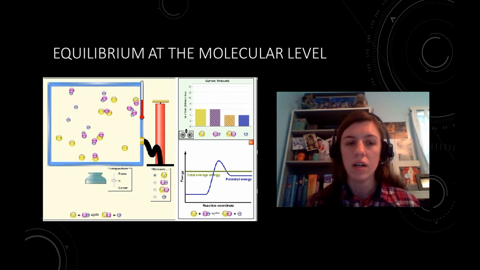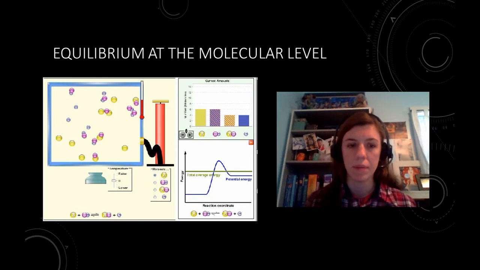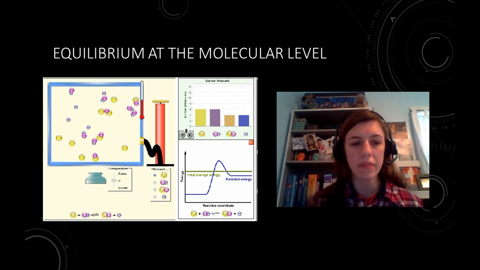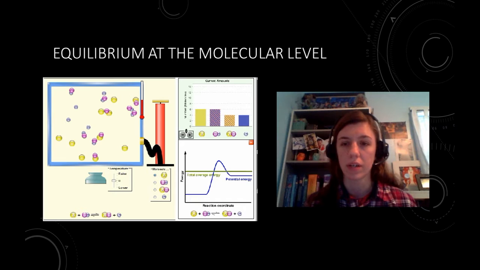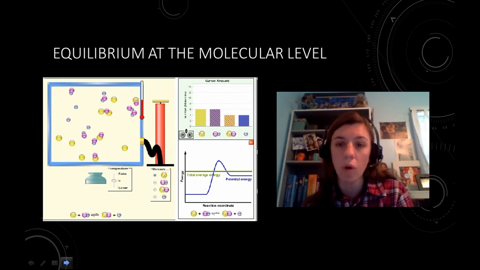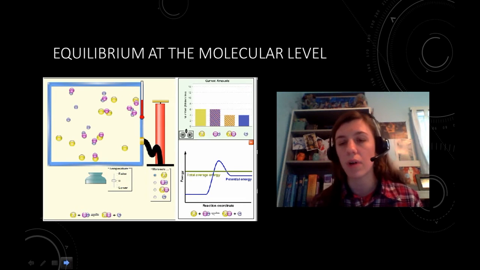So at this temperature, both of these reactions, the forward and the reverse, have a pretty negative delta G, and they're able to go either way based on activation energy. So in this situation, the reaction is just at equilibrium. It doesn't go in any particular one direction. At first, it goes only forward because there's only reactants. It can only go forward. But once products are in the container as well, it also starts to go in the reverse.